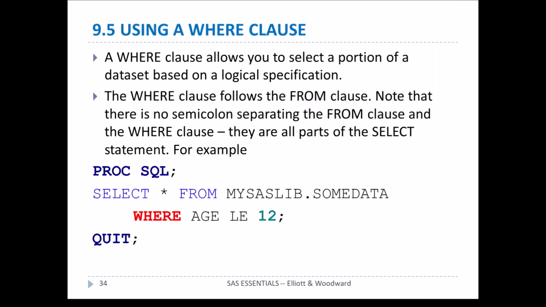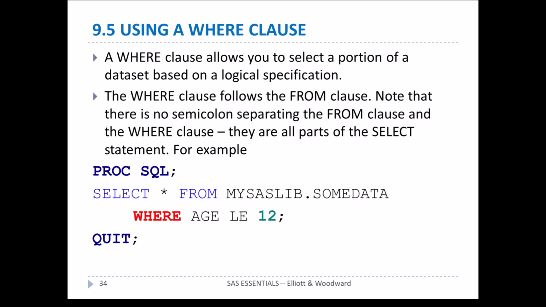All right, let's now look at the where clause, which, there was a where clause in the data step. This may be a little bit different, but the where clause allows us to select a portion of the data set on a logical specification. In many ways, it's the same as what we've seen earlier. In this case, we say select star from the data set called SumData, where age is less than 12.